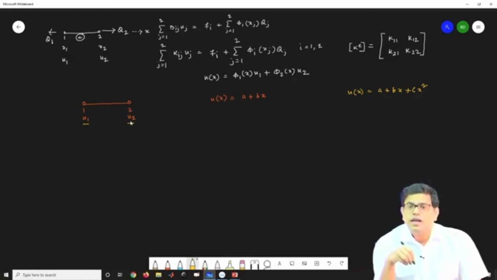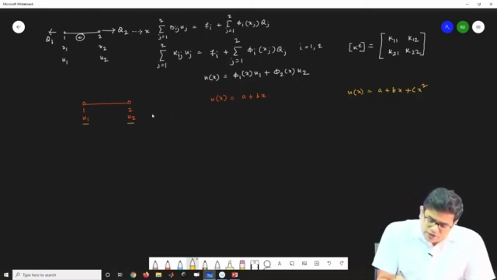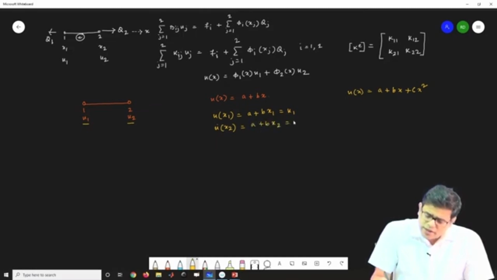So I cannot evaluate 3 constants; from 2 nodes I can only evaluate 2 constants. Naturally, if I substitute these conditions, u at x1 is a plus b x1, which is u1, and u at x2 is a plus b x2, which is u2.